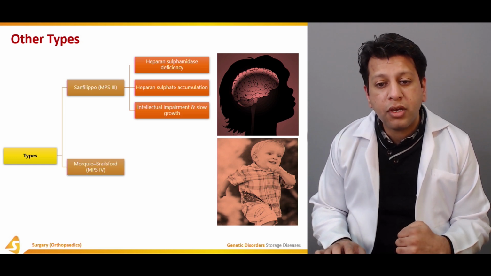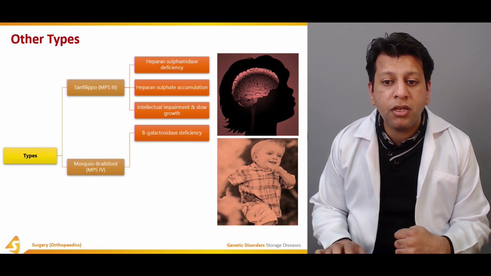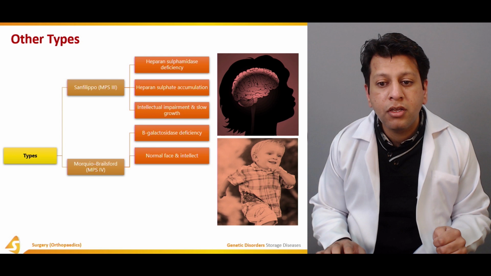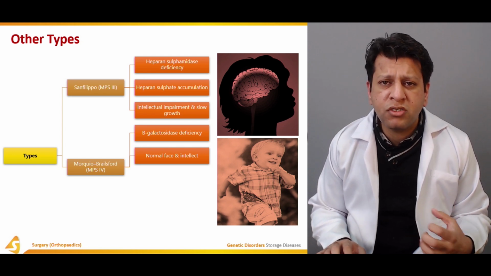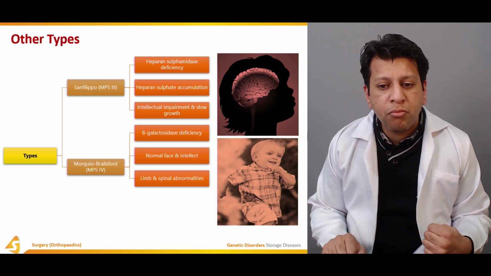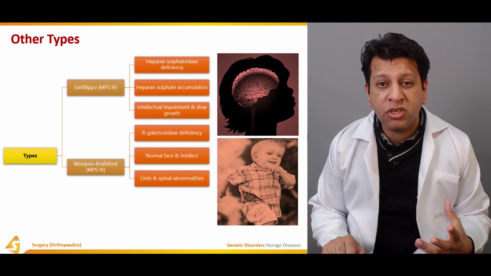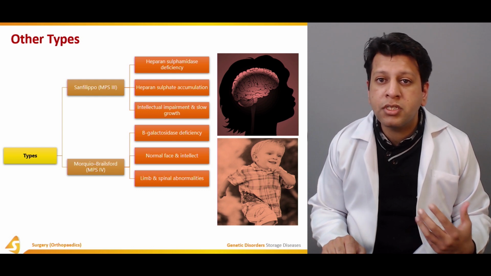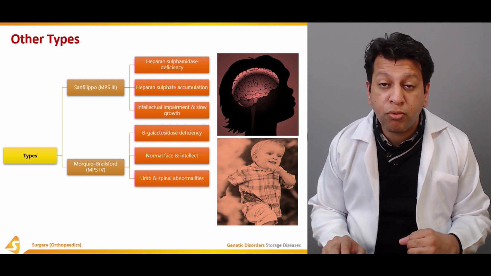While the fourth type, which is Morquio-Brailsford type, in which there is actually beta-galactosidase deficiency, there is normal face and intellect, usually the coarse features and neurological abnormality are absent, while limb and spinal anomalies such as short stature, skeletal dysplasias, and thoracolumbar kyphosis are classically present and more pronounced in type 4.